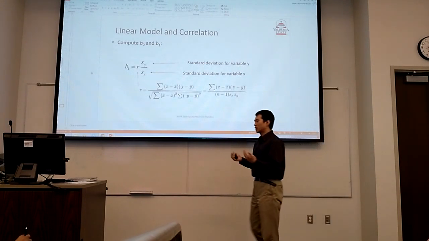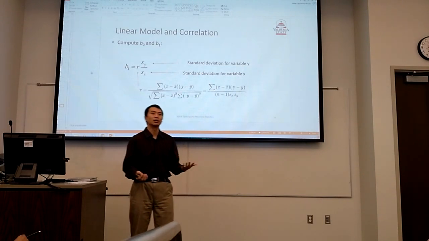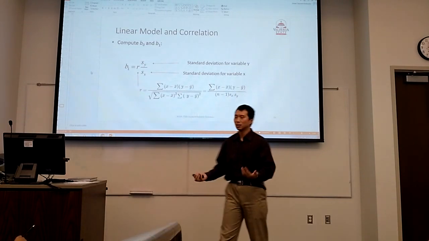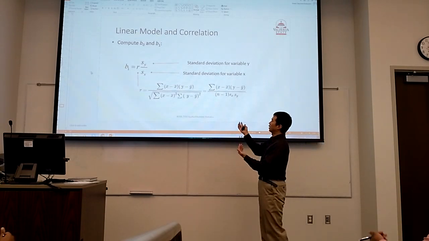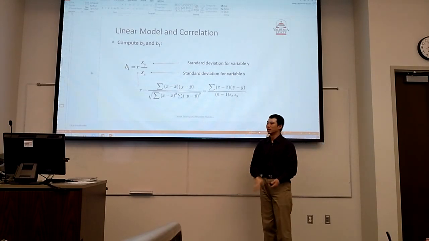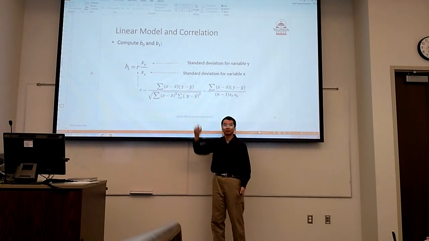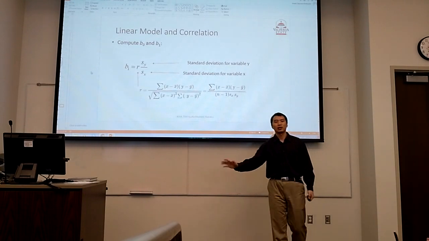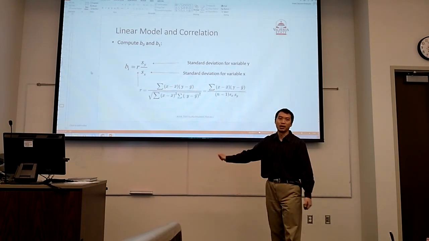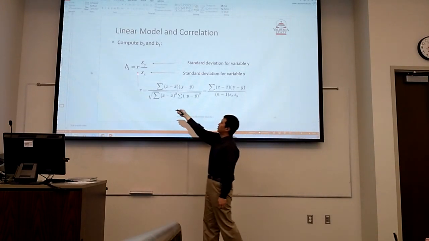But we said we have to estimate b0 and b1, so how do we do that? Here is the expression to estimate b1 first. It looks familiar, with a lot of calculations, but in this class we are not doing this by hand. So b1 is equal to r.